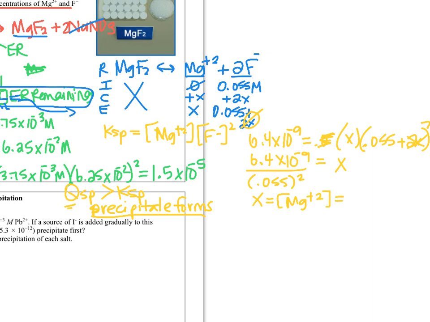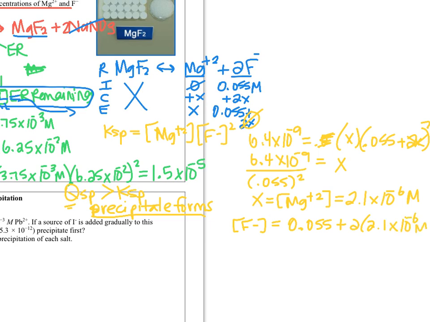So that's going to end up being, when I solve for x, let's see, what do I get? 2.1 times 10 to the negative 6 molar. And then to solve for the concentration of the fluorine, I'm going to take 0.055 plus 2 times 2.1 times 10 to the negative 6.